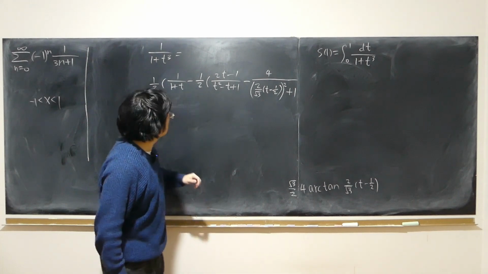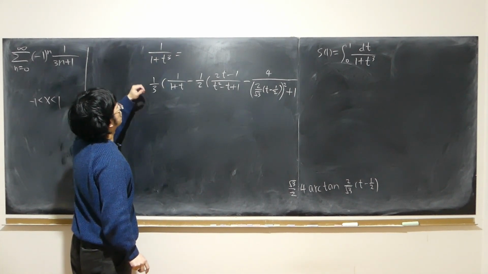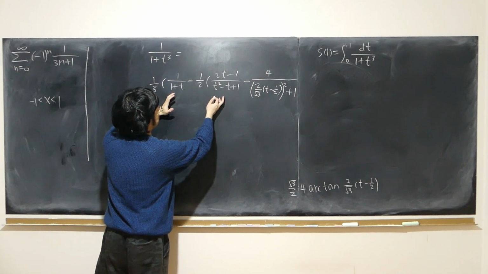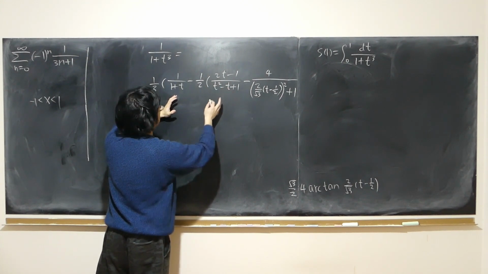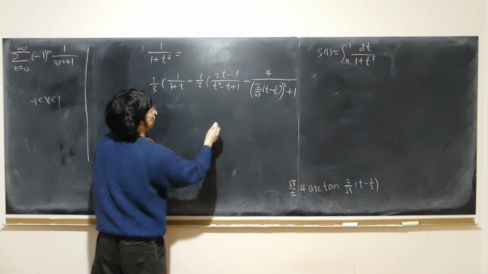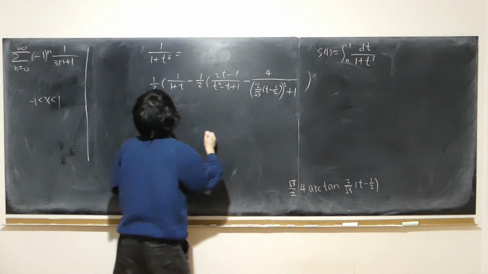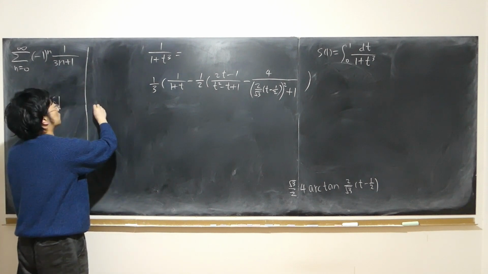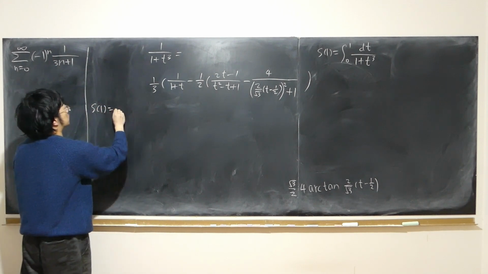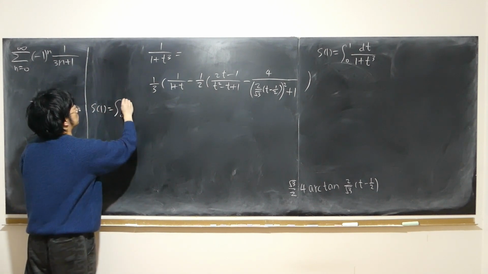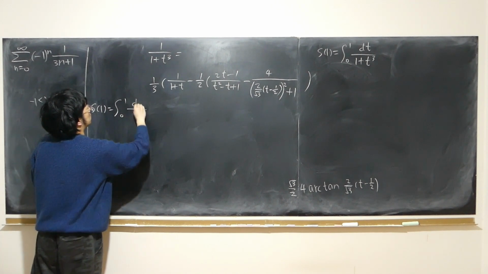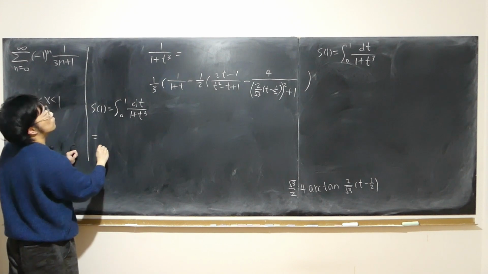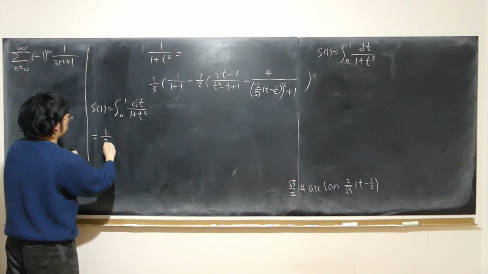Now I've broken the original integrand into 3 parts, where for each part it's obvious to see its antiderivative, right? So that means my desired definite integral should be equal to, first of all, 1/3. Right?